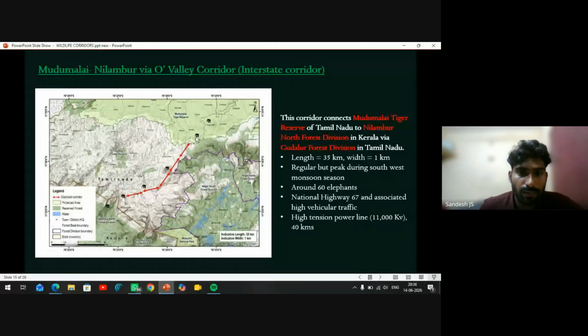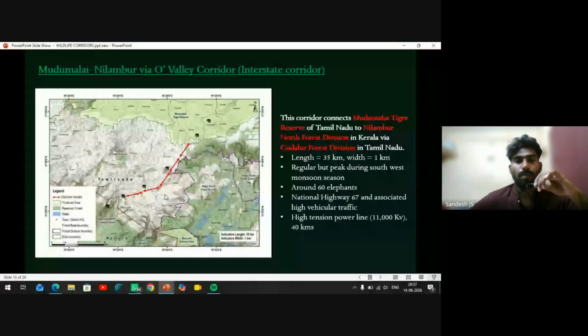It is a 35-kilometer long stretch with around 1 kilometer of corridor. Movement is regular, but peaks around the southwest monsoon time. Around 60 elephants are actively moving in this corridor. Camera traps are evidence of the active movements of elephants here.